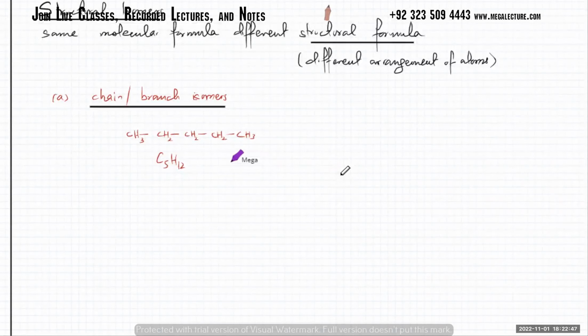Now C5H12, that could be one version of C5H12. Then you could have some chain isomers, you could have 4 carbon atoms, or you can have a carbon atom over here.